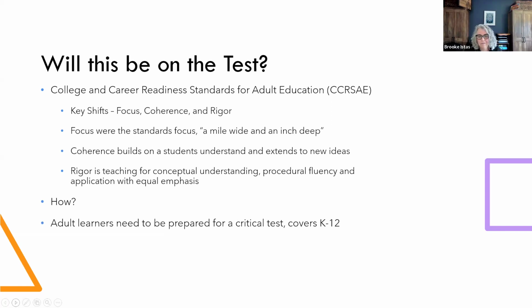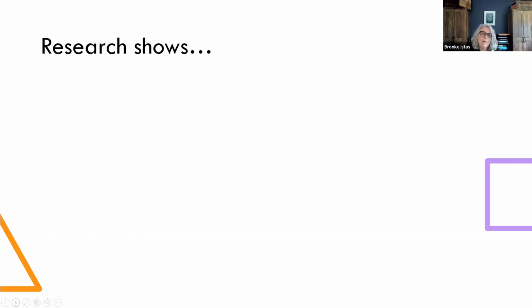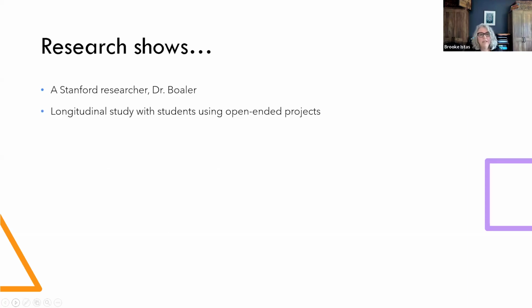Because we have to cover everything an adult learner needs for this critical test that covers everything from kindergarten to grade 12, and we have them for a short time, and their attendance isn't always consistent. But research shows, a researcher, Dr. Bowler, if you're not familiar with her, did a longitudinal study with students using what they called open-ended projects.